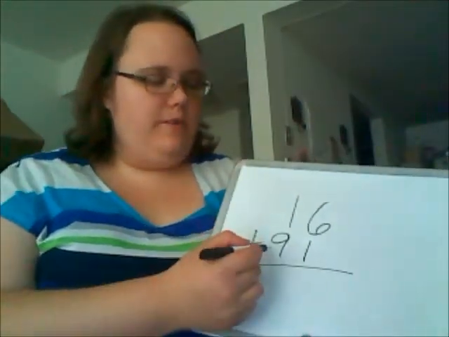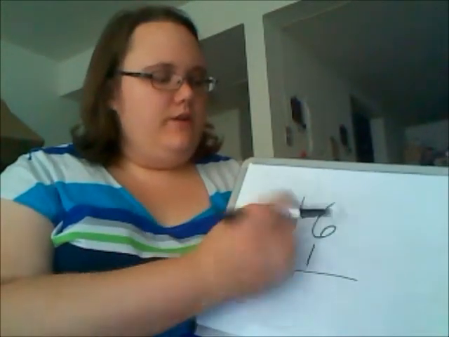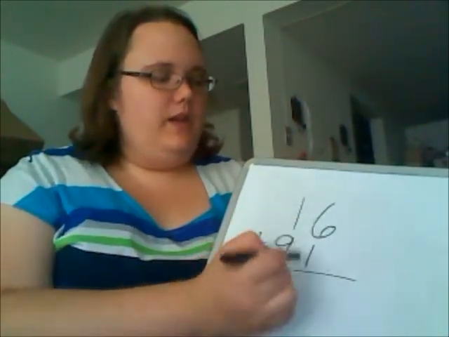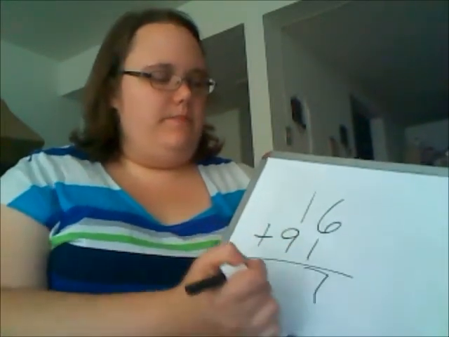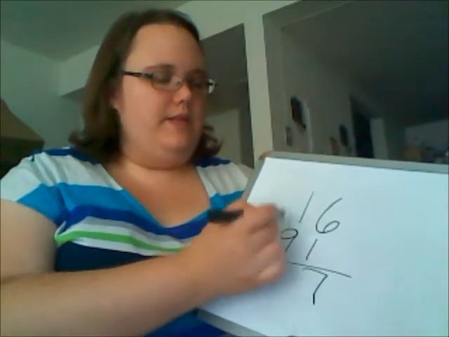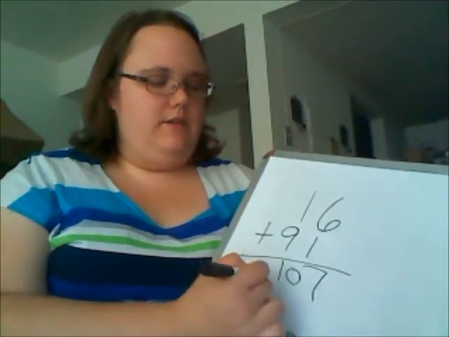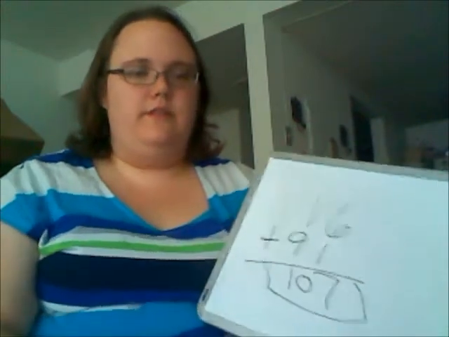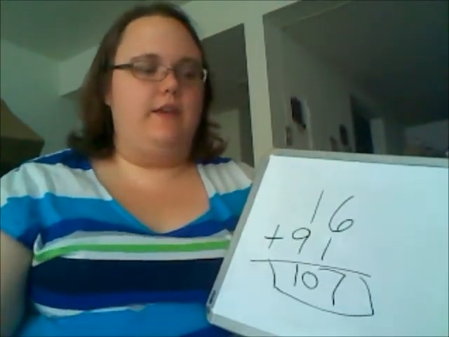Usually our biggest number goes on top, but remember in addition we can switch them around. So I cover up my tens place and I count my ones. 6 plus 1 is 7. And then I go over here, count my tens. 1 plus 9 is 10. And again I put 10 down here for my answer of 107. So 16 plus 91 equals 107.